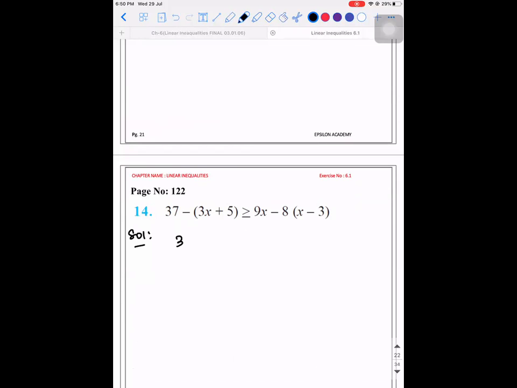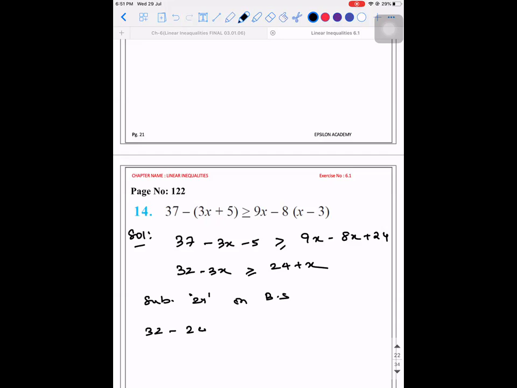So solution is 37 minus 3x minus 5 is greater than or equal to 9x minus 8x plus 24. So 37 minus 5 is 32 minus 3x is greater than or equal to 24 plus x. Subtract 24 on both sides: 32 minus 24 minus 3x is greater than or equal to x.